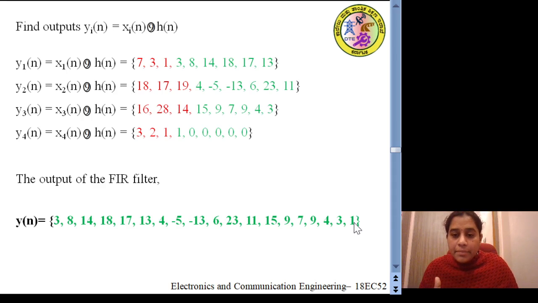So here, because of the faster operation of DSP, we can see all these are available block by block.